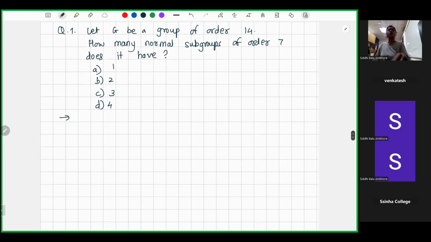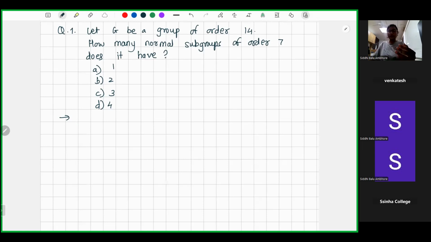So we are asked that G is a group of order 14 and how many subgroups of order 7 does it have? And in the question itself, it is given that the option starts from 1. So by default, they are assuming that there exists a group of order 7. But now we have to check how many such normal subgroups of order 7 this G has.